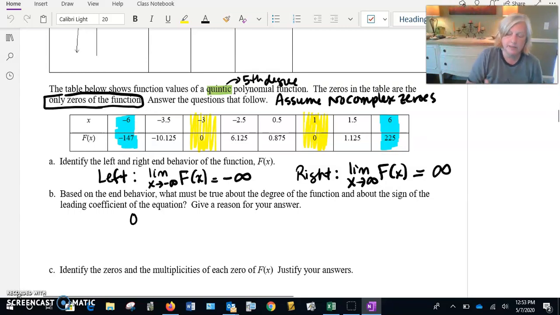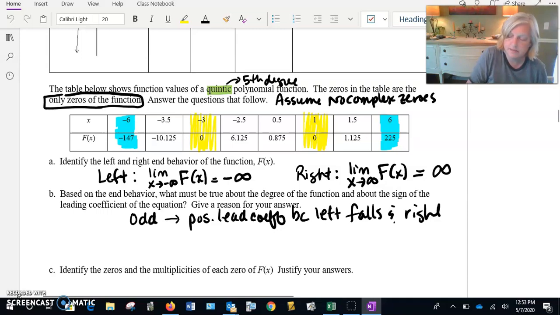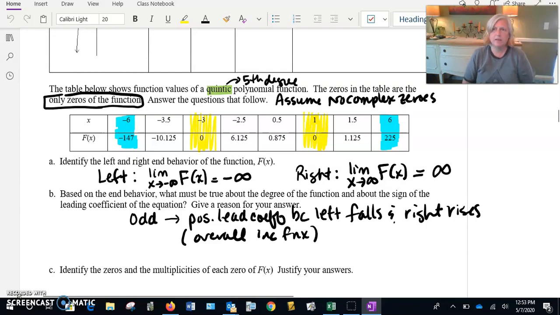And so that tells me that we have a positive leading coefficient, because the left falls and the right rises. I'll just say overall increasing function. That might be a bad way to say that because it's not increasing the entire time, but it's increasing if you squint at it and look across towards the end.